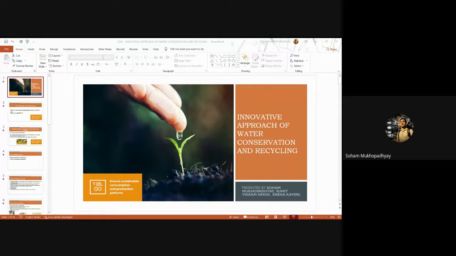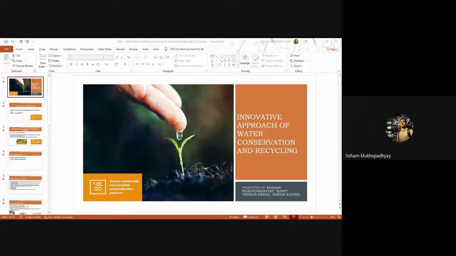Now we will discuss something about SDG. SDG, the full form is Sustainable Development Goals. We are just aiming on the 12th goal here.